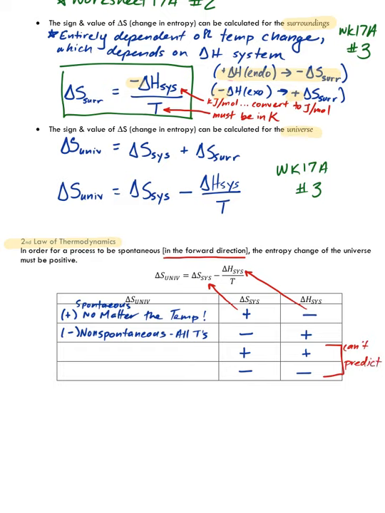It's going to turn out that when both of these are positive, we have a process that's spontaneous at high temperature. And when both of them are negative, we're going to have a reaction that's spontaneous at low temperatures. So this might make sense to you, right?